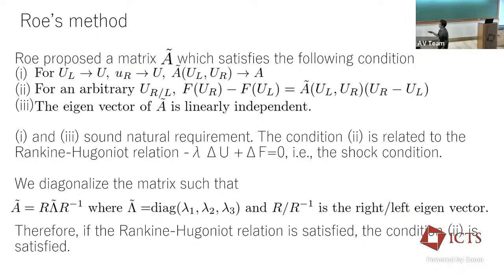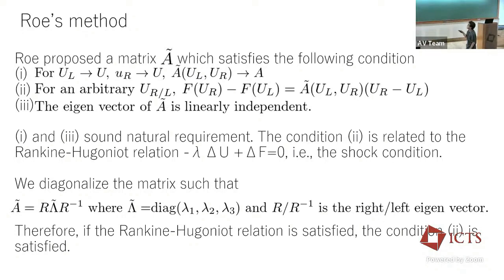The conditions 1 and 3 sound like very natural requirements, right? Because if you want to take the limit of UL to U, the A tilde should reduce to the original Jacobian matrix. Also, to guarantee the linear independence, the eigenvectors of the A tilde should be linearly independent. So what's the meaning of the condition 2?